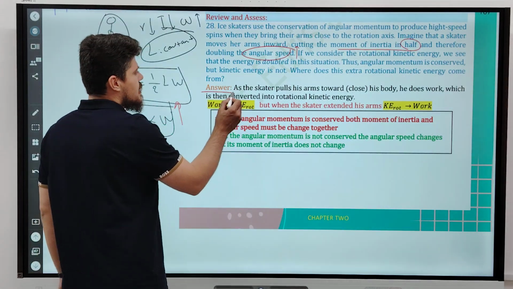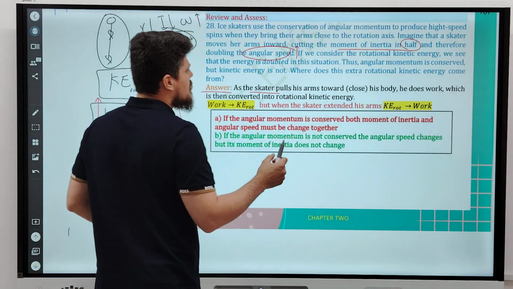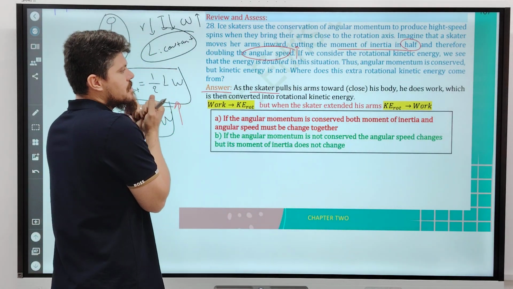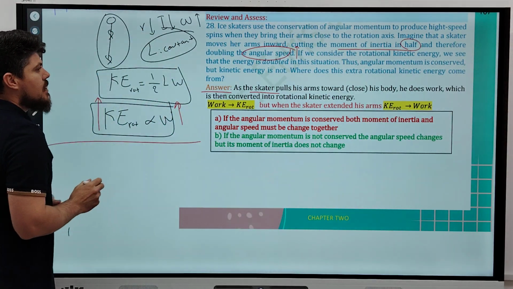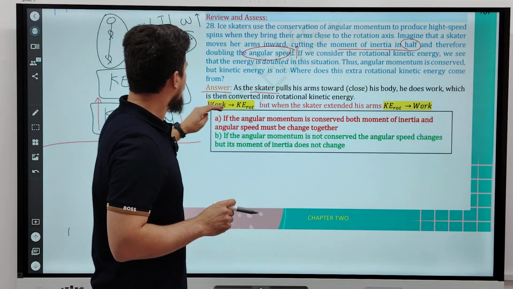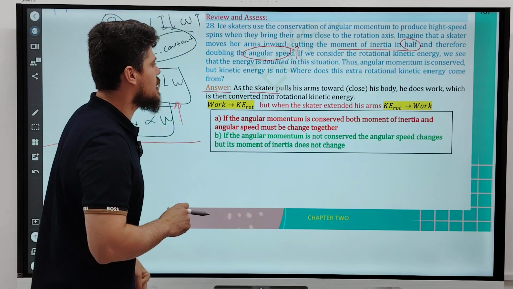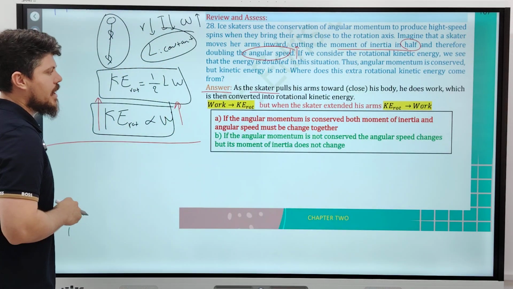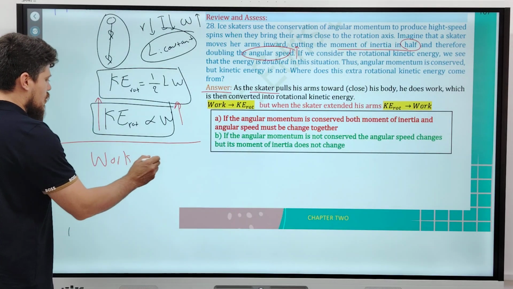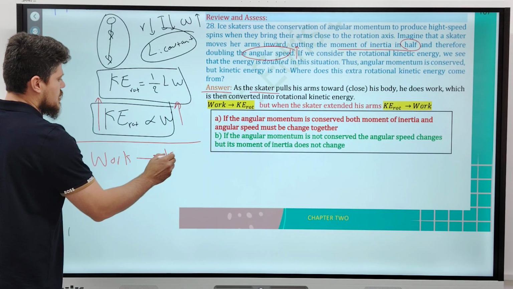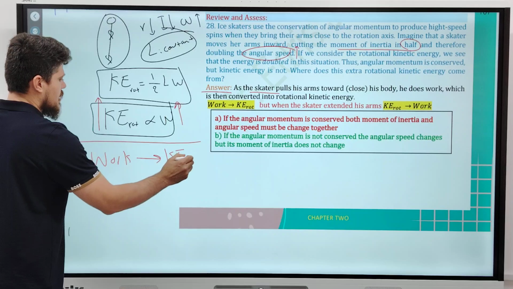As the skater pulls his arms toward his body, he does work. In that case, the work is converted into rotational kinetic energy.